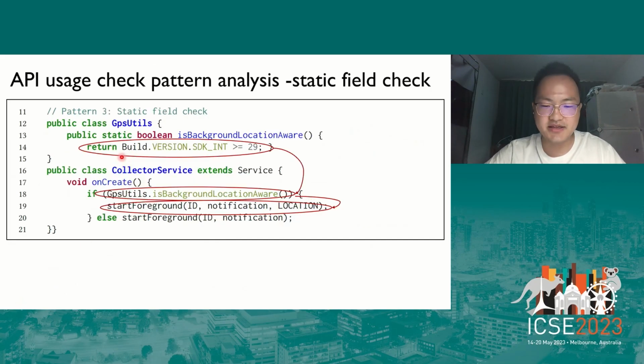And the third check pattern is static field check. It obtains the runtime SDK version check by defining a static variable or static method, and the runtime SDK version is indirectly checked in this variable or method. More details of this check pattern can be found in our paper.